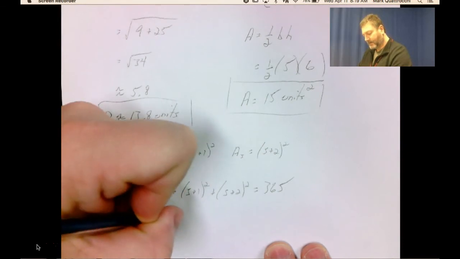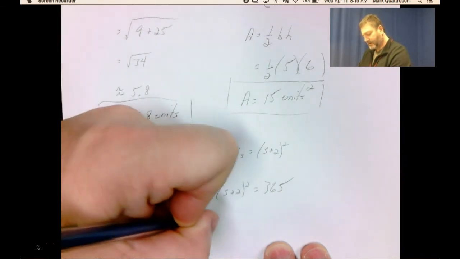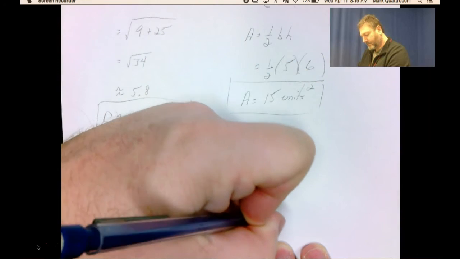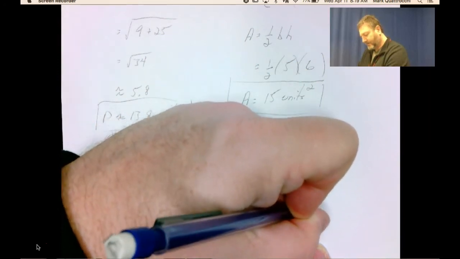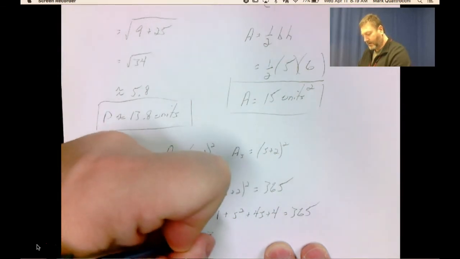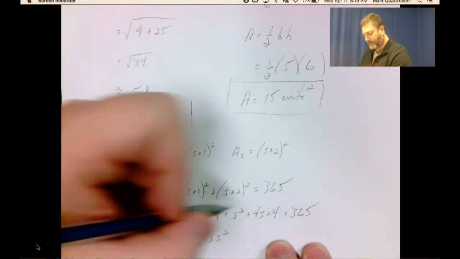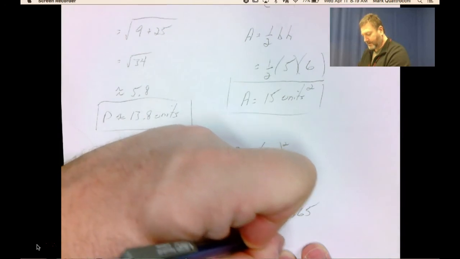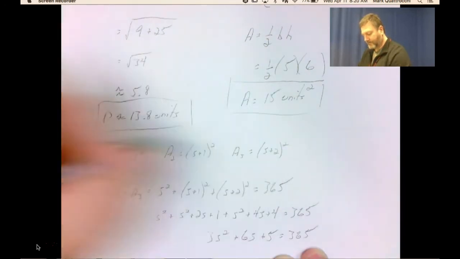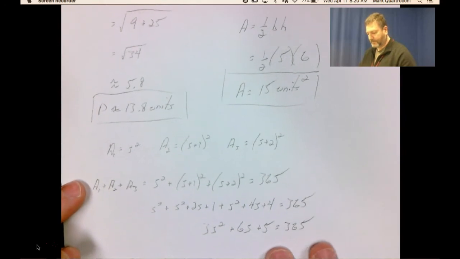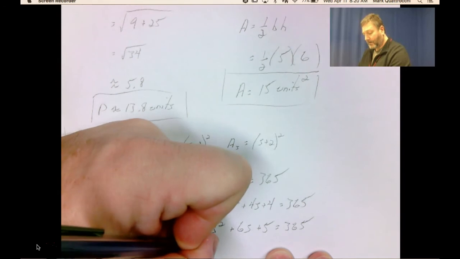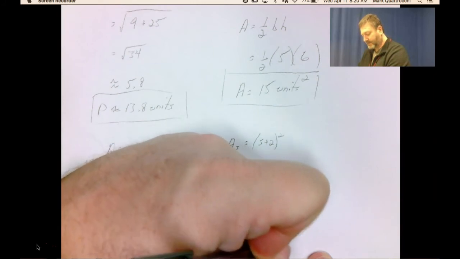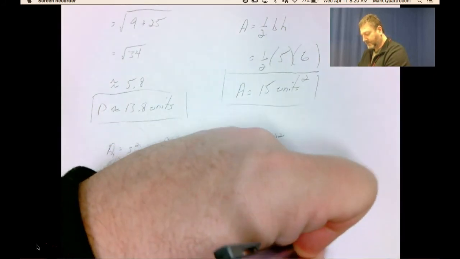s squared plus s squared plus 2s plus 1 plus s squared plus 4s plus 4 equals 365. 3s squared plus 6s plus 5 equals 365. 3s squared plus 6s minus 360 equals 0.